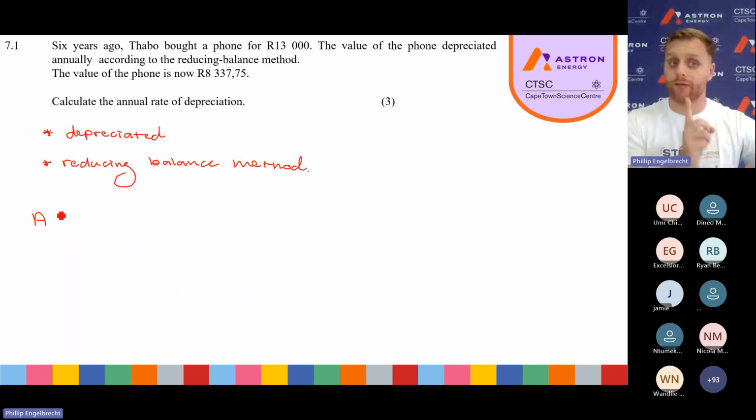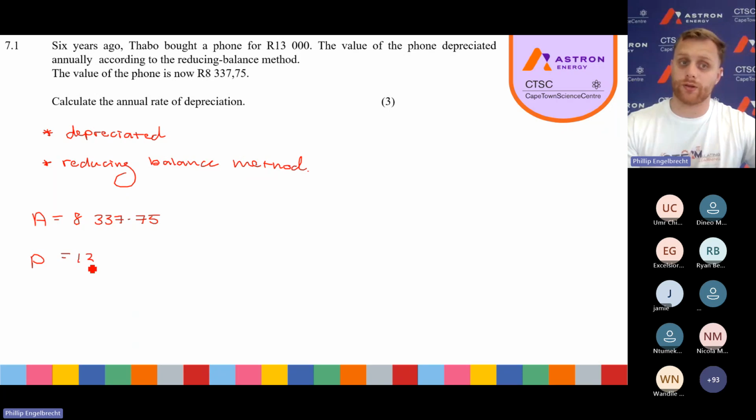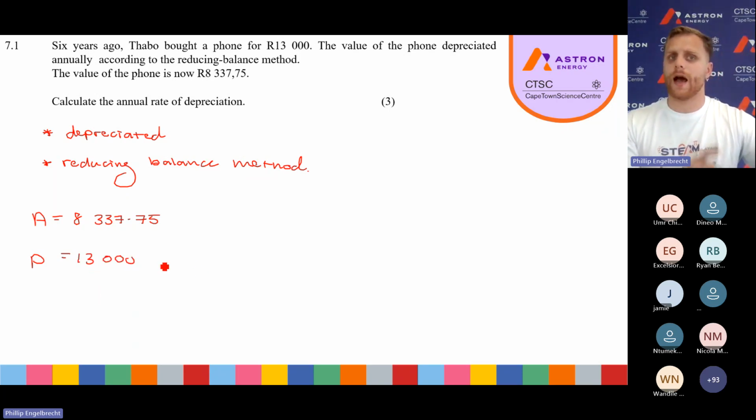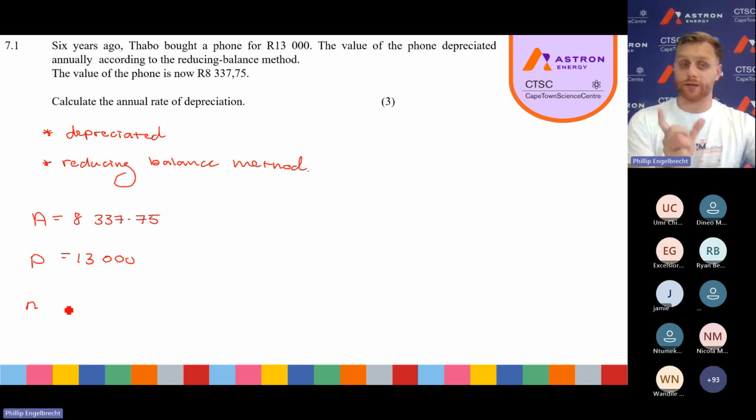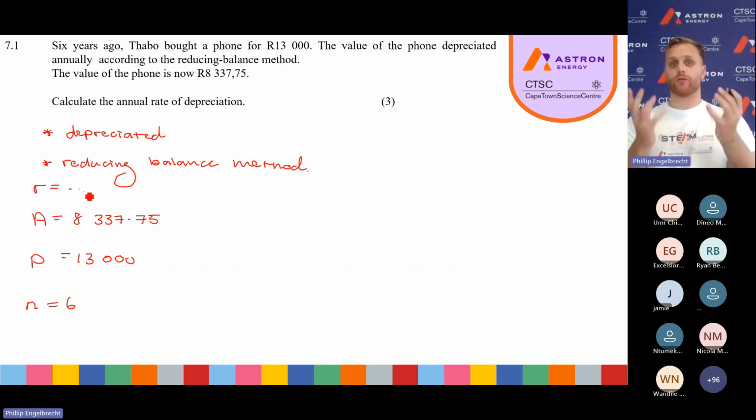So how much is that phone worth today? It's worth 8,337.75. I also know that my original amount was 13,000 Rand. For how many years was this? Well, they said it was 6 years ago. So the amount of time I've had this phone was 6 years. And I need to figure out what is R. So how much does this phone depreciate every year?